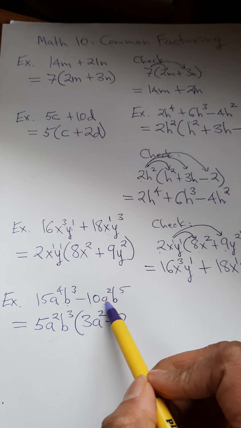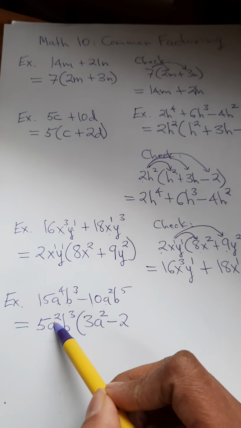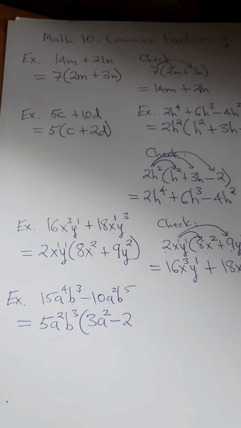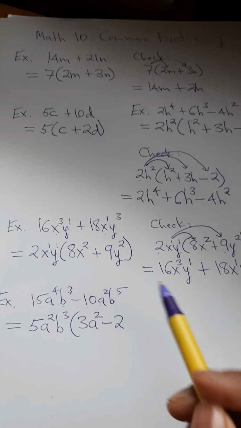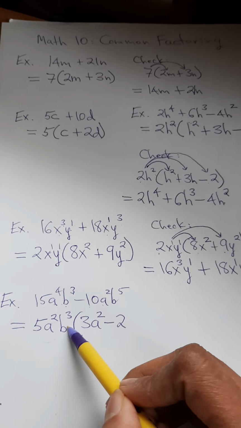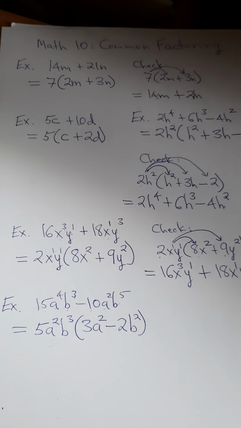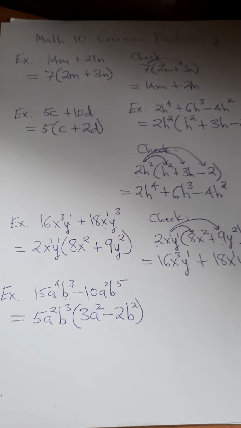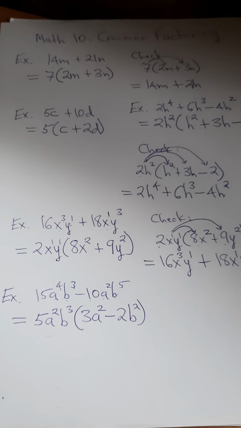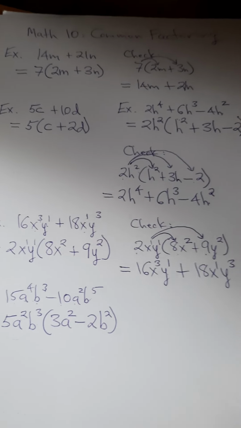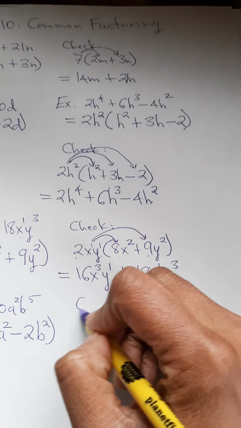Look at the exponents. For a, this is a^2 minus a^2, so the a variable is gone. For the b, I'm doing b^5 minus b^3, so this is b squared. Does everyone see that? And lastly, let's try the check for this one. This is actually a really good example.